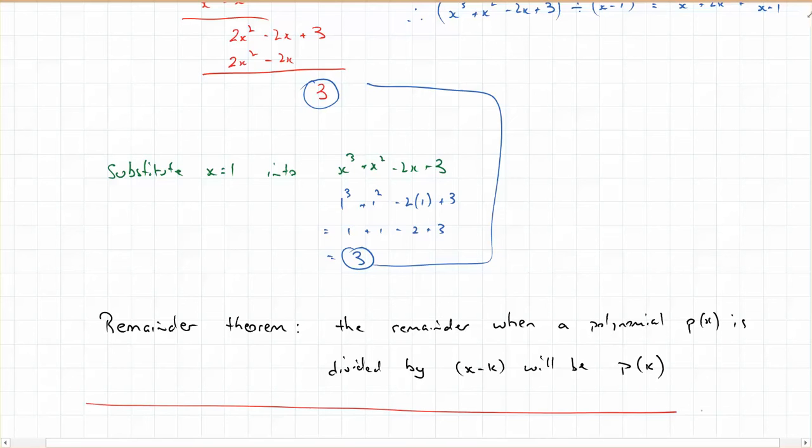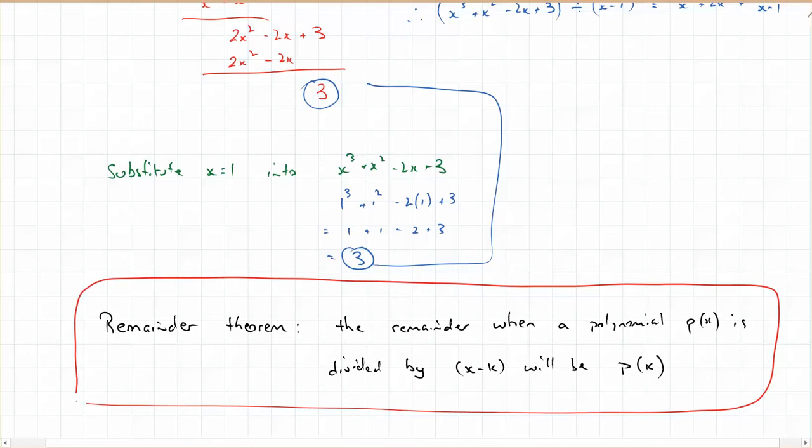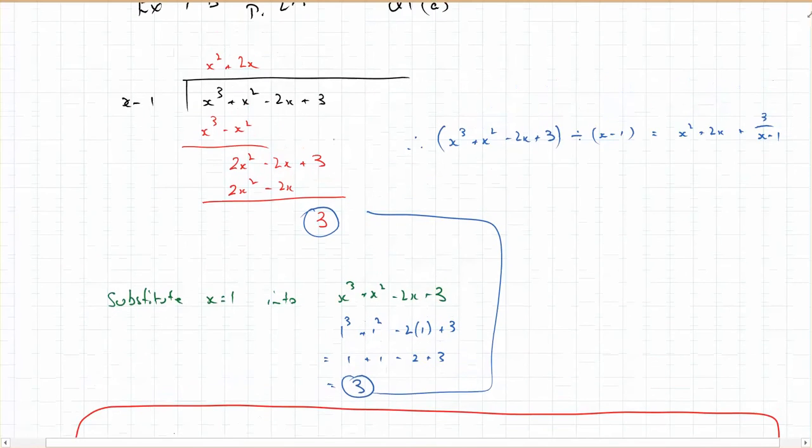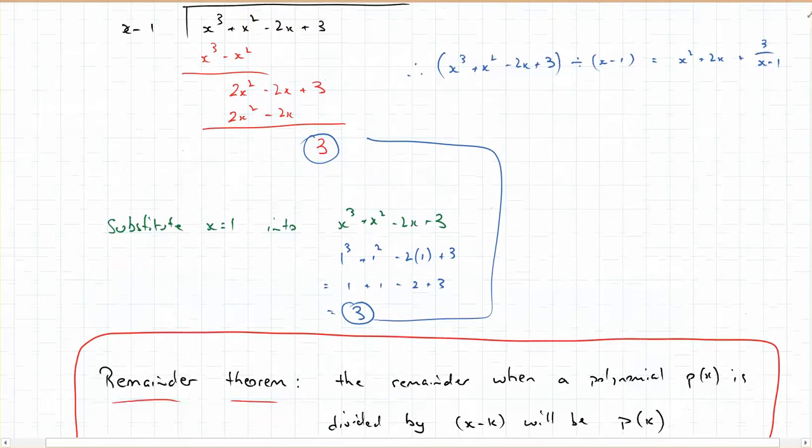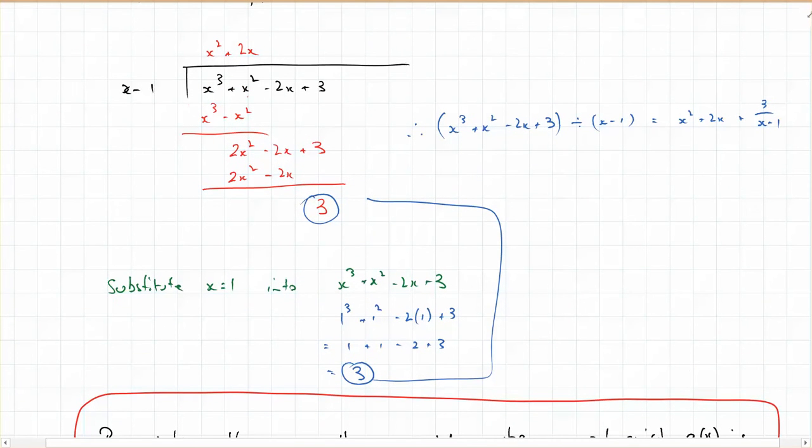I don't know if that makes any sense at all. Let's read that through again and see how it relates to what we've just done. The remainder theorem. The remainder is what's left over once you divide it through. The remainder when you divide this cubic polynomial by x minus 1 is 3.